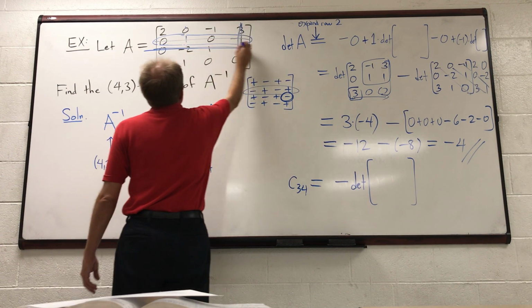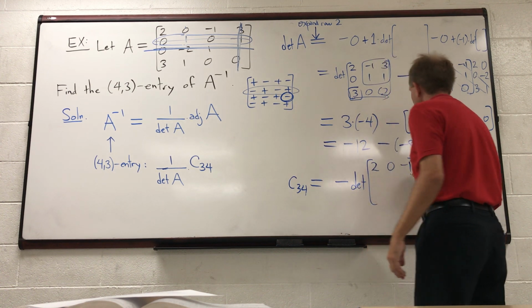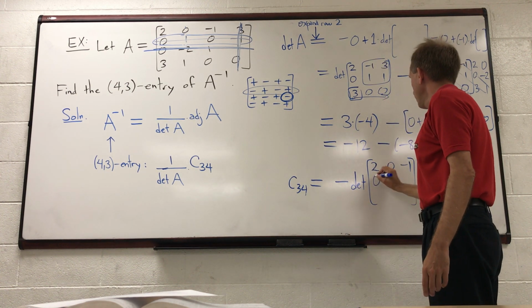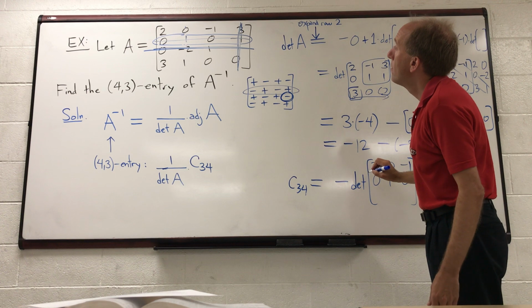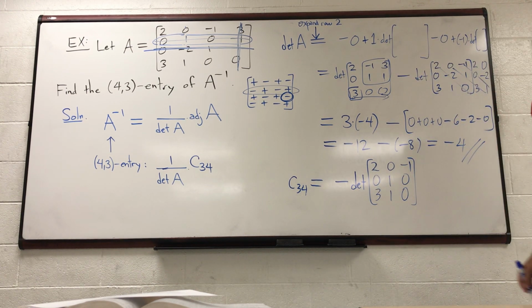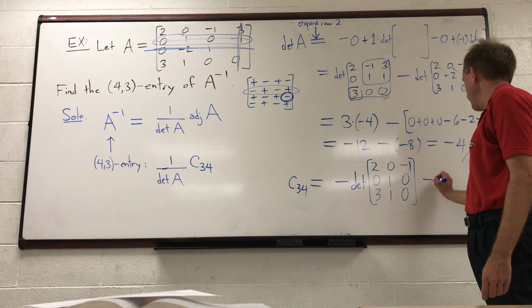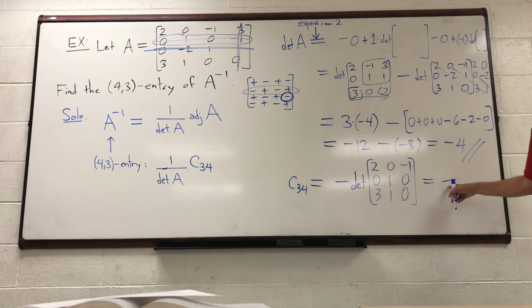Be real careful here. After I cross off row 3 and column 4, I have 2, 0, negative 1, 0, 1, 0, and 3, 1, 0. Did I do that right? I think so. Okay. So we have negative of this determinant.